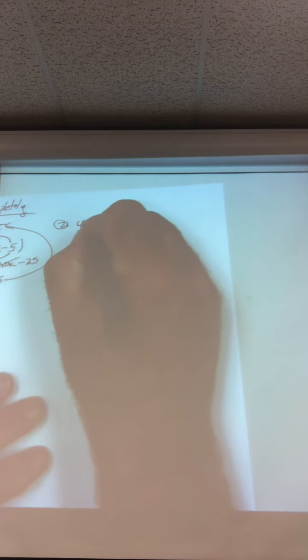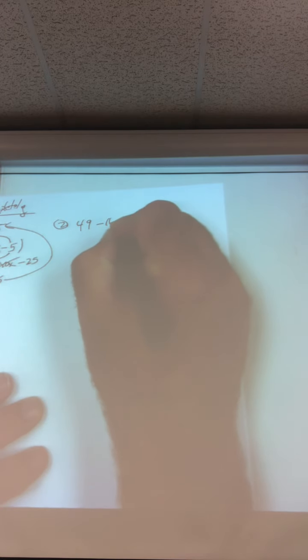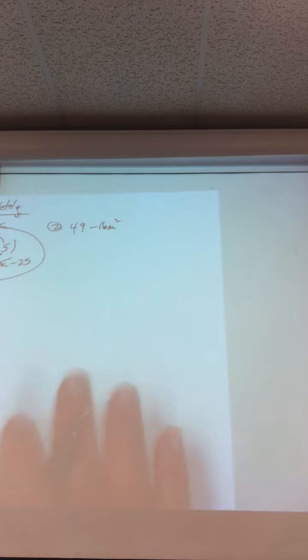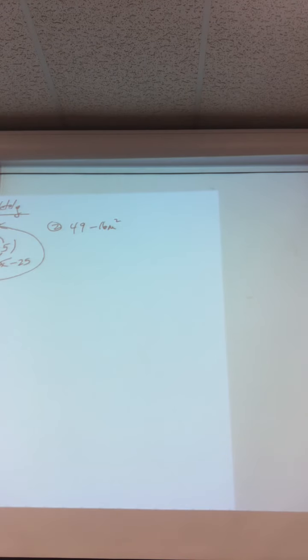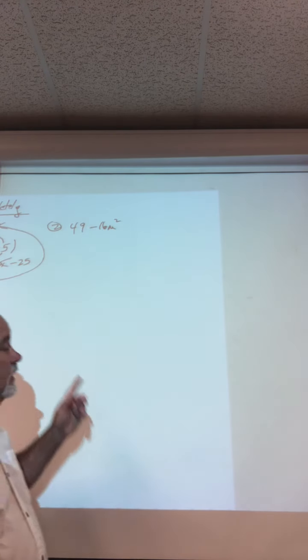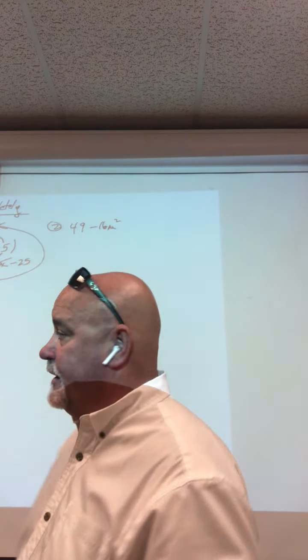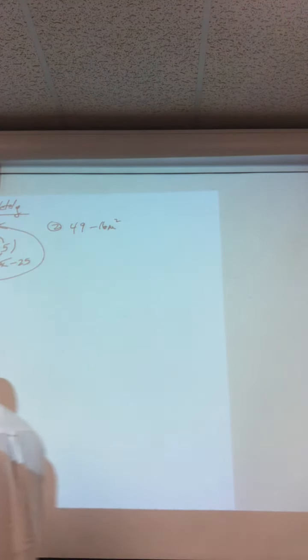Okay? Let's do another example. Let's do this one. 49 minus 16m squared. Okay, here we go. First, does it have a GCF? No. Next, is it the difference? Yes. Of 2? Yes, 2 terms.